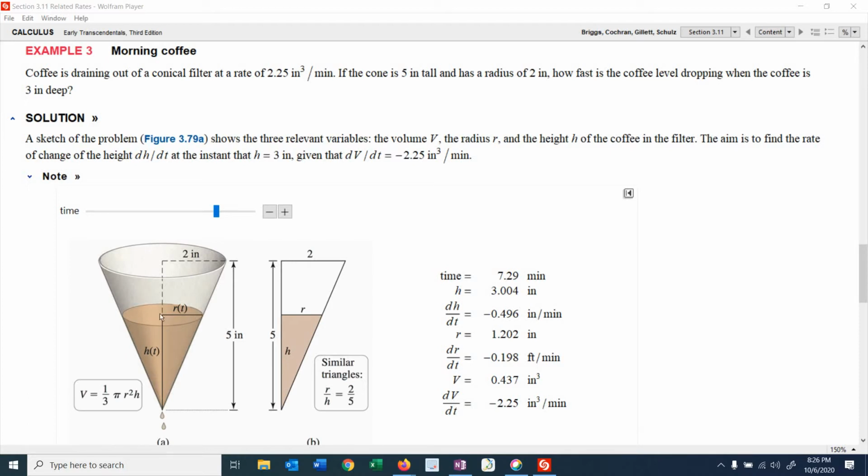Another variable we have in this problem is the radius of this little circular part at the top of the coffee. Of course, that's a function of time as well, because as time evolves, this radius is going to decrease as well. So h stands for the height of the coffee in the filter, and r stands for the radius of this little circular piece at the top of the coffee level.